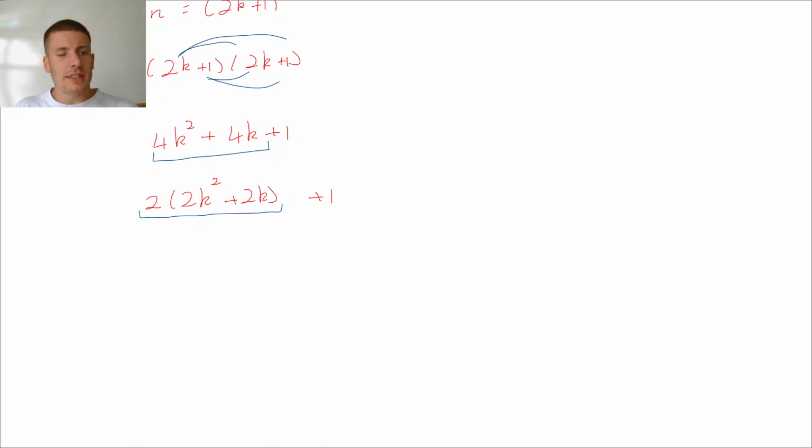But actually I'm going to replace this bit and write it more concisely, because that's always a good thing to do in maths. So I'm going to let x be equal to 2k squared plus 2k, where x is just some integer, which means I can write this more simply as 2 times x.